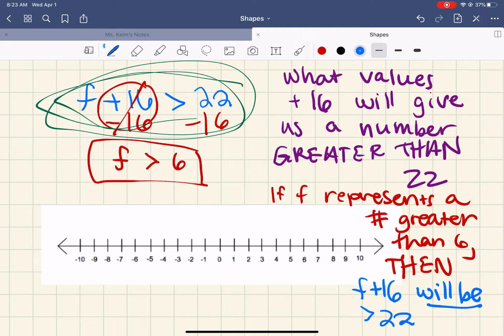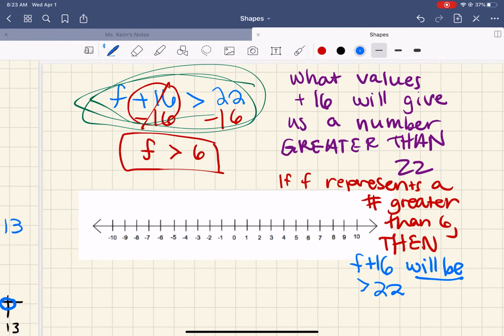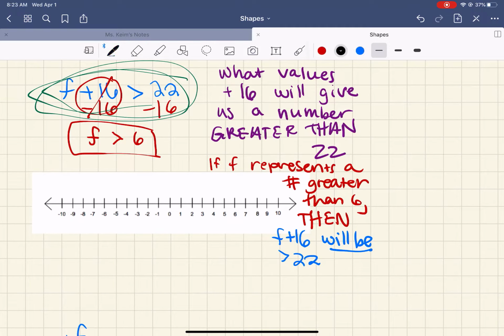Now, we can say that and we can claim we did it correct, but the only way we're going to know for sure is if we put it on the number line and then we check it. So let's do that. Let's put it on the number line.